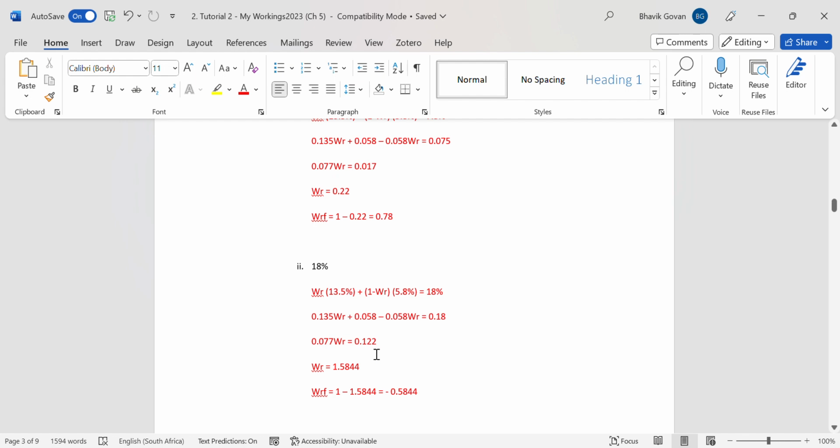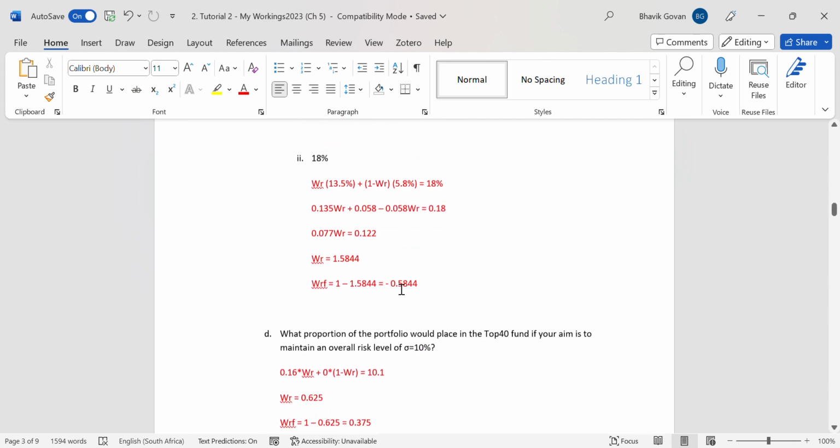Expand everything, you should get a weight of the risky asset as 1.5844. So the weight of the risk-free asset is 1 minus that. So we'll get minus 0.5844. So in this particular scenario, we're actually borrowing at the risk-free rate to invest more in the risky asset.